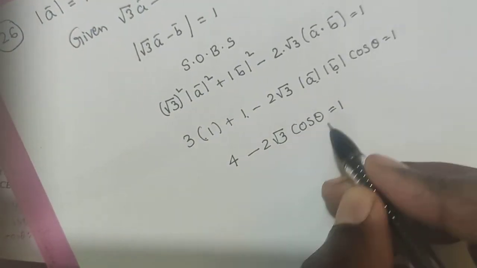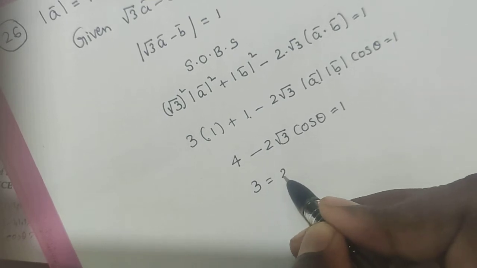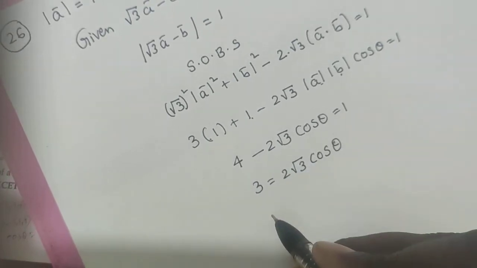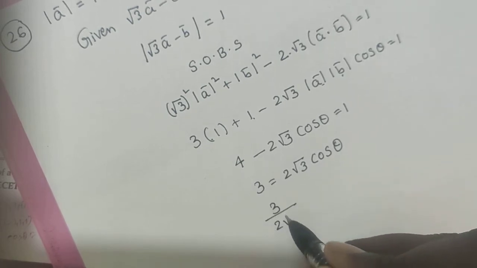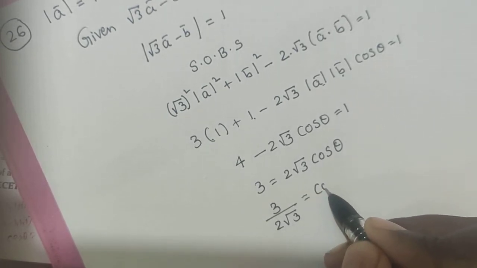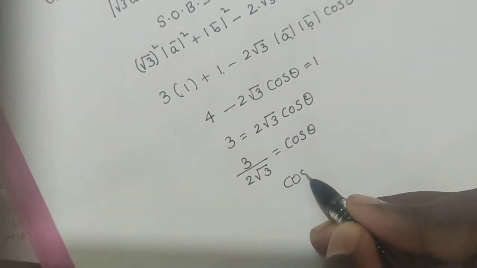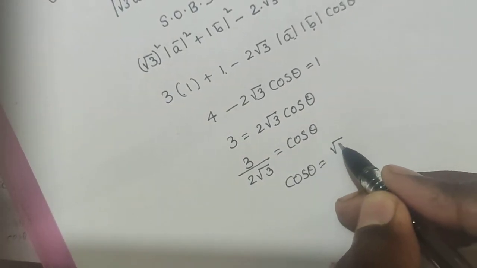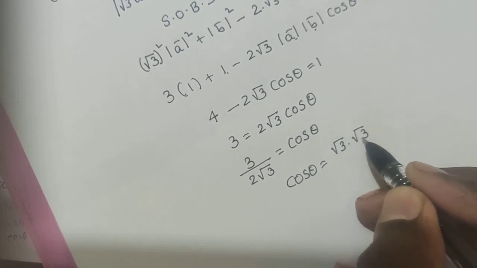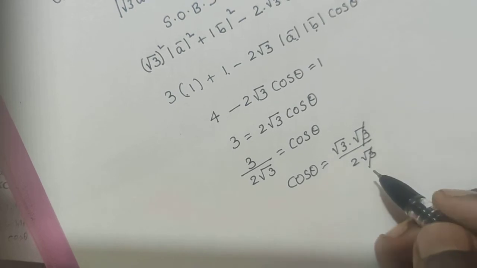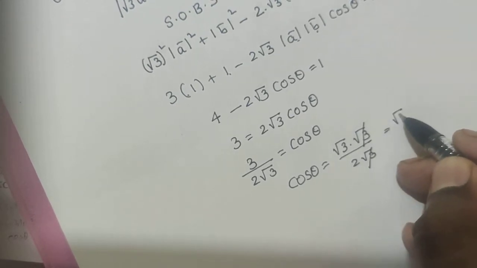So now 4 minus 1 is 3, equal to 2 root 3 cos theta. Then 3 by 2 root 3 is equal to cos theta. Then cos theta is equal to, numerator 3 can be written as root 3 into root 3, by 2 root 3. Now root 3 gets cancelled. Now what is remaining?